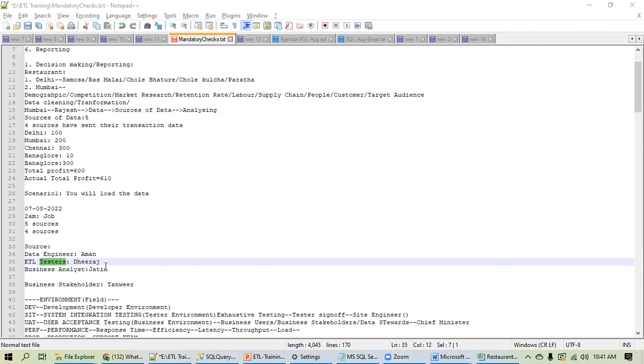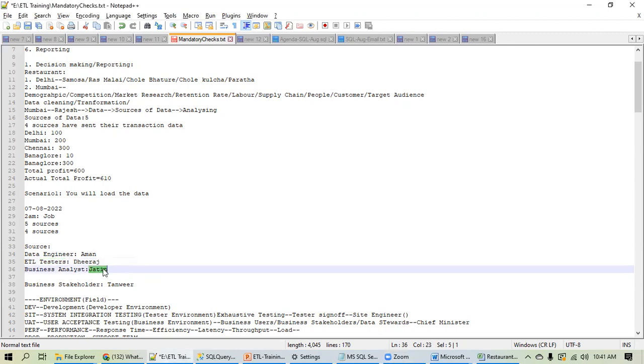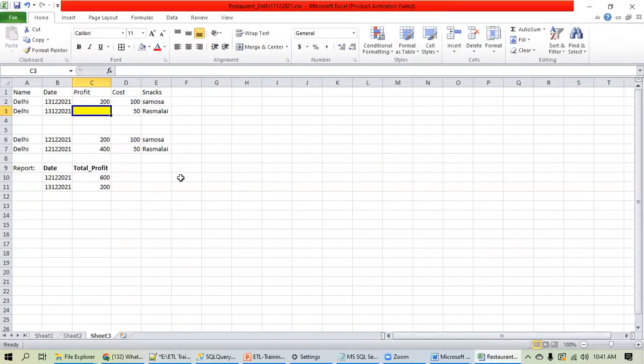Now tell me, what could Jatin have done to prevent this issue? Any idea? What mistake has Jatin made? What could he have done so that he would have caught this earlier? First of all, any issue reported by the business stakeholder, is that a good thing or a bad thing?